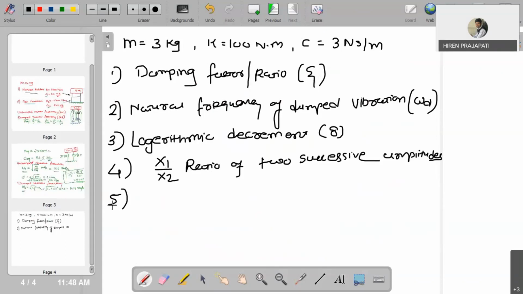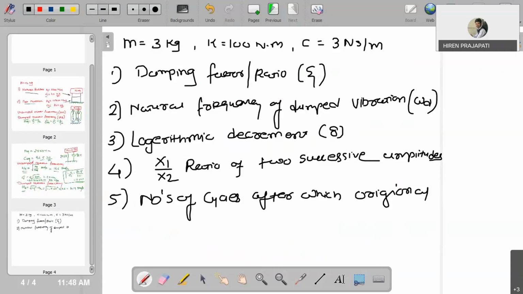And fifth, number of cycles after which original amplitude is reduced by 20%.